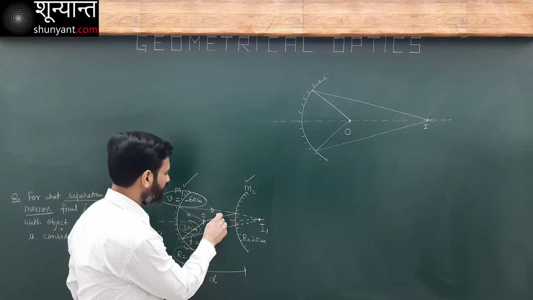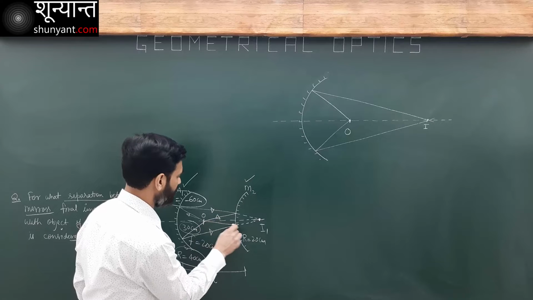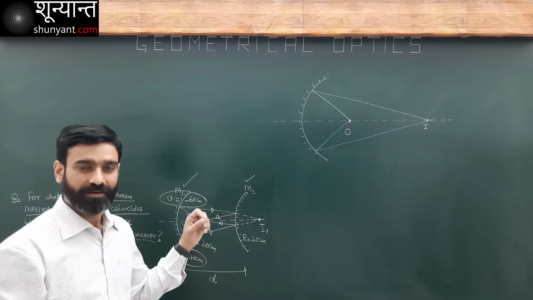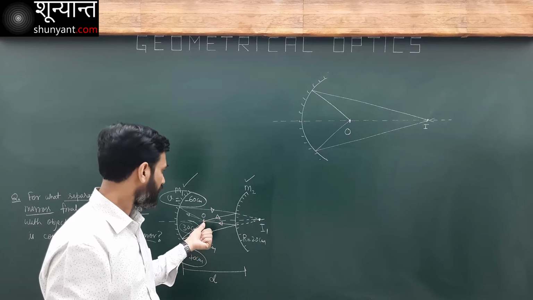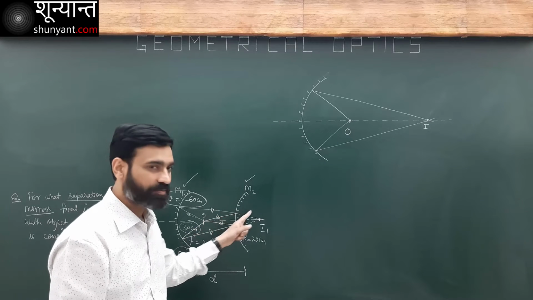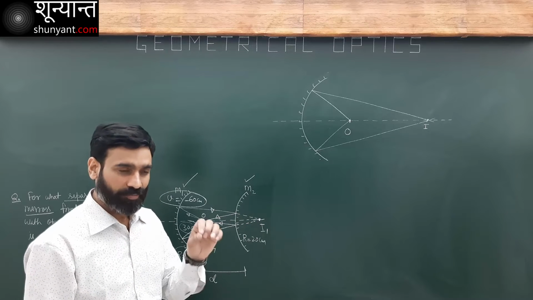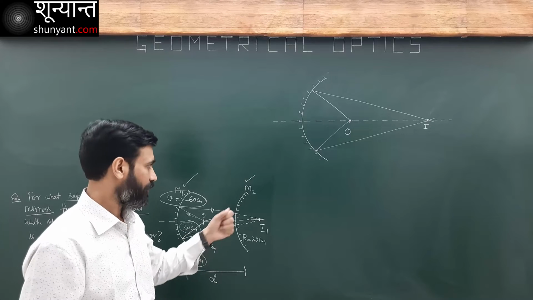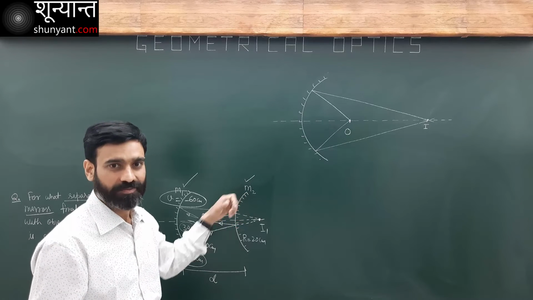This will be a real image. A convex mirror is forming a real image here, so the object must be virtual. If the object is real, the image is always virtual from a convex mirror.